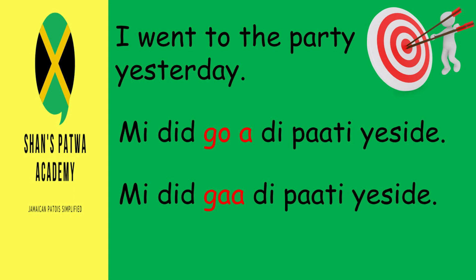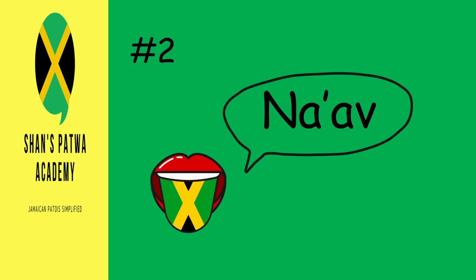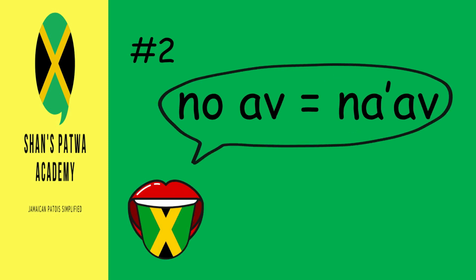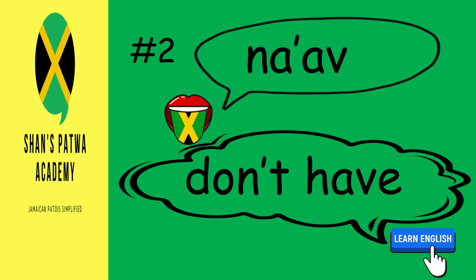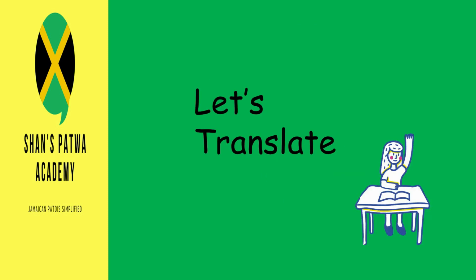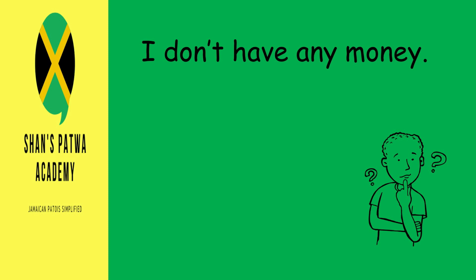Now, the second contracted word we're going to look at is nav. Nav is the shortened or contracted form of no'av. And no'av, or nav, means don't have in English. So let's look at some sentences. For example, in English, I don't have any money.